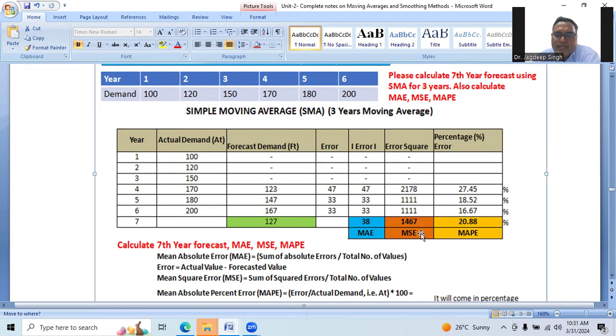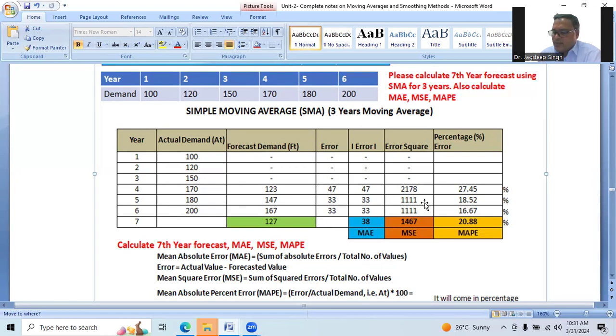Next, MSE. What is MSE? MSE is mean square error: the sum of squared errors divided by the total number of values. So here you can see the individual squared errors: 2178 plus 1111 plus 1111, divided by 3, will give us MSE.